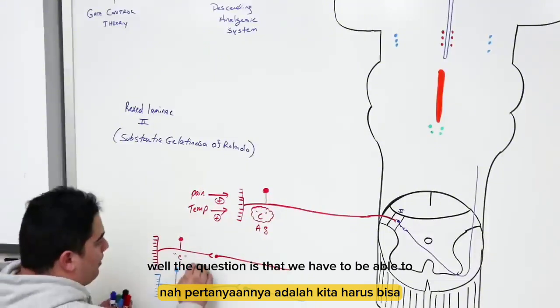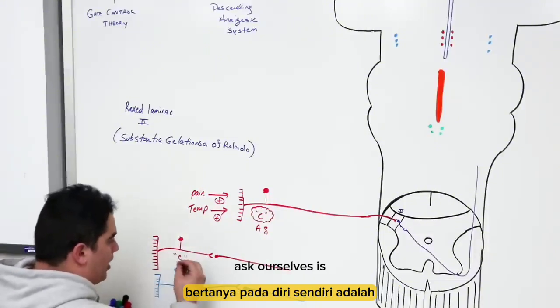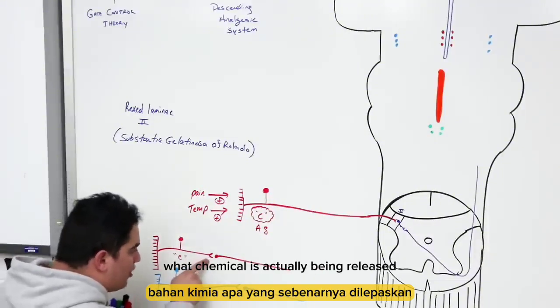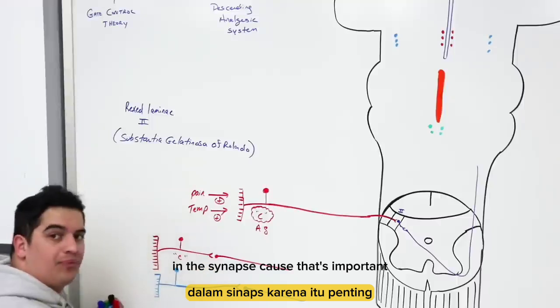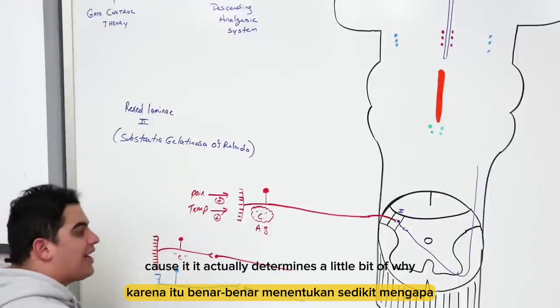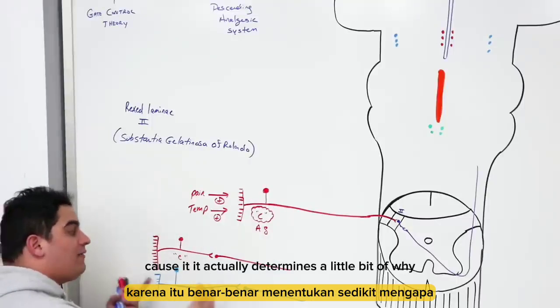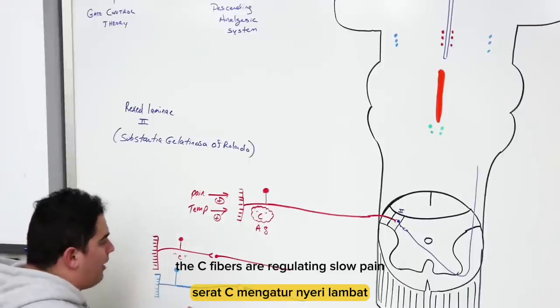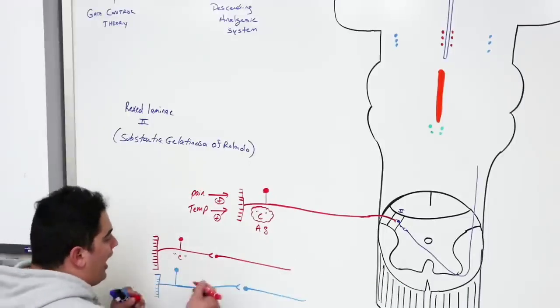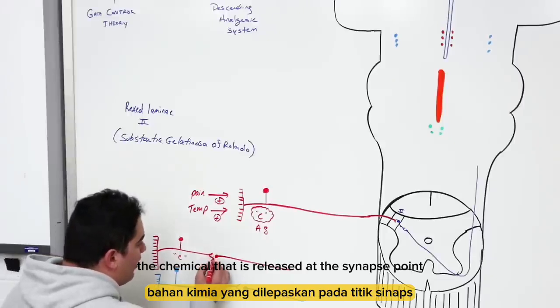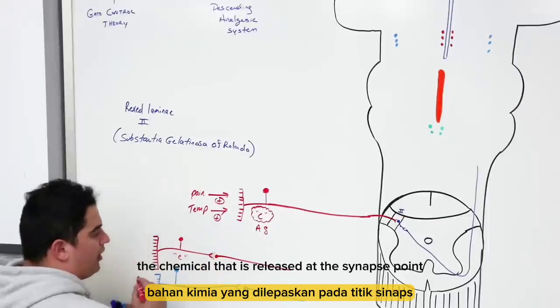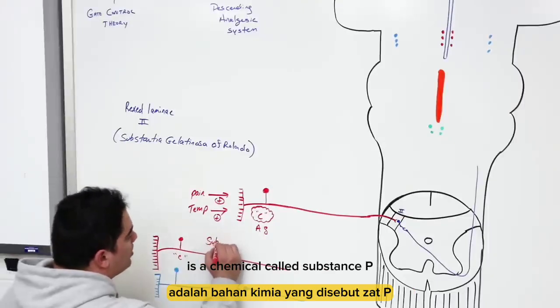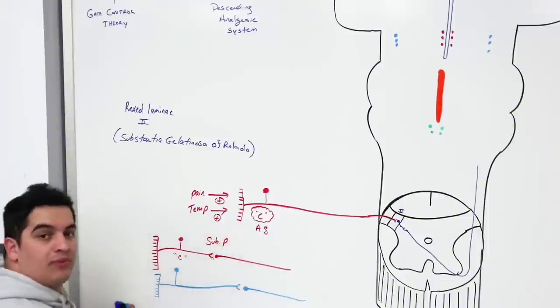Well, the question we have to ask ourselves is what chemical is actually being released at this synapse? Because that's important, because it actually determines a little bit of why fast pain is fast and why slow pain is slow. So these C fibers are regulating slow pain. And they believe that the chemical that is released at this synapse is a chemical called substance P. Okay?